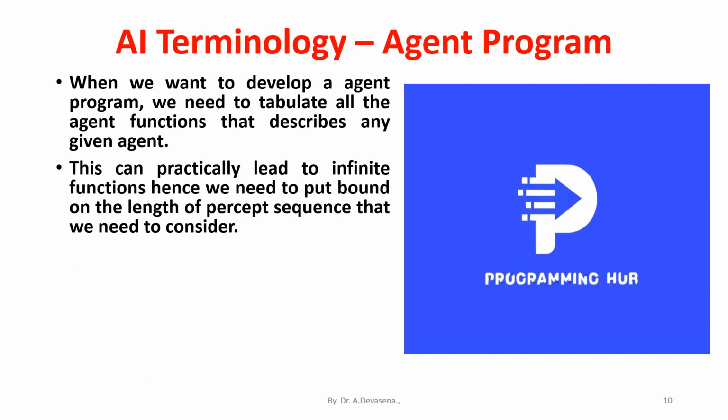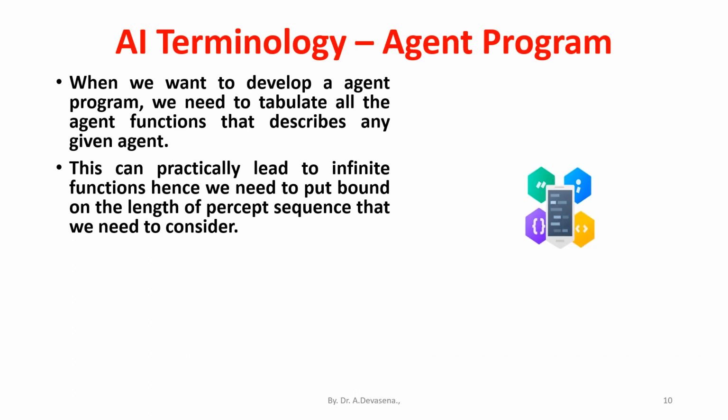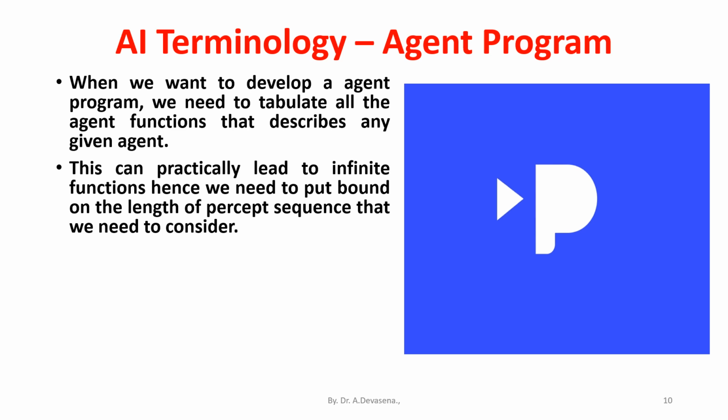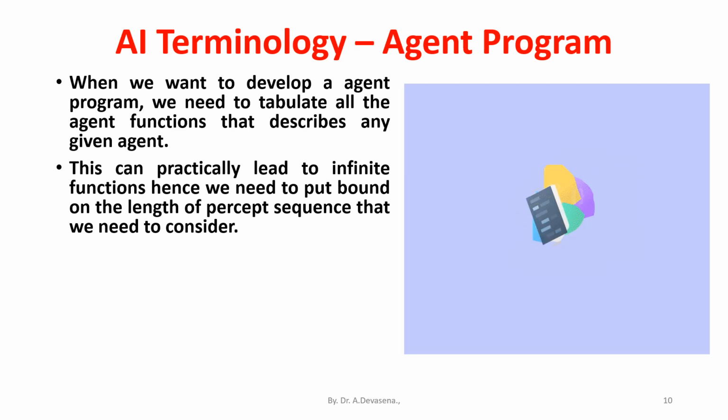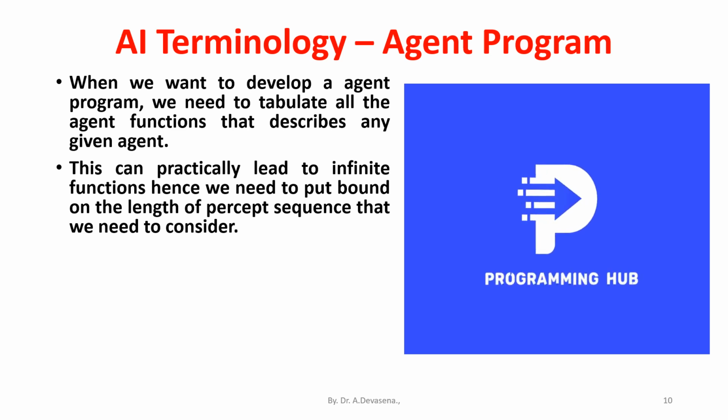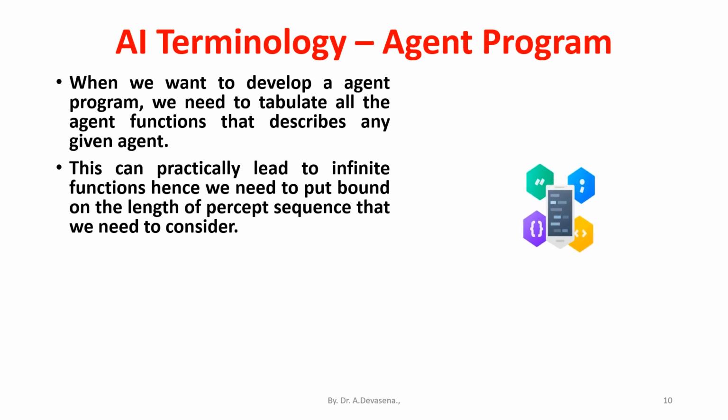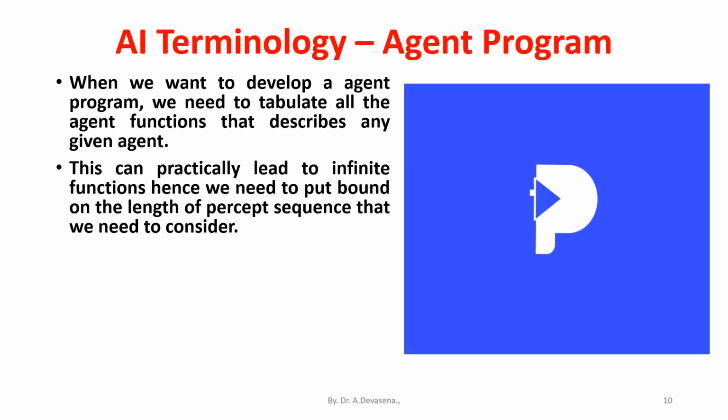This table of functions of percept sequence and action will be the external characteristics of the agent, whereas internally the agent function for an intelligent agent will be implemented by an agent program.